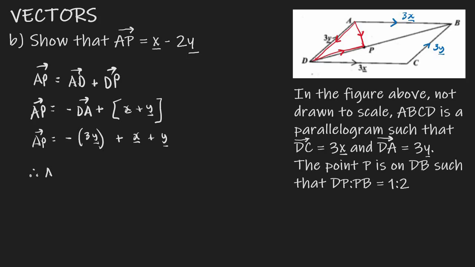Therefore, the vector AP is equal to minus 3y plus x plus y. AP is equal to x minus 2y. So we've just proven that the vector AP is equal to x minus 2y. Answer.